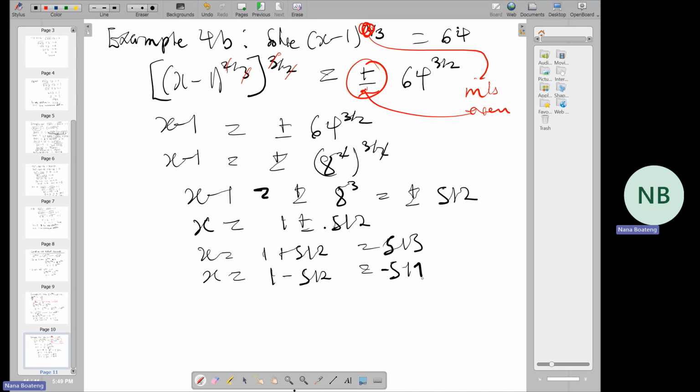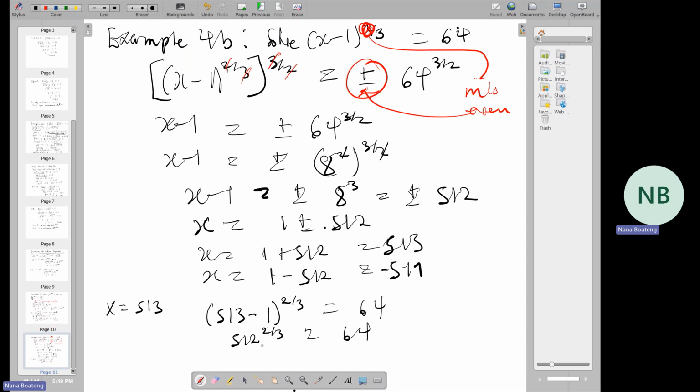So let's test when x is equal to 513. We will have 513 minus 1 power 2/3 is equal to 64. All right, so 513 minus 1 is 512 power 2/3 is equal to 64.